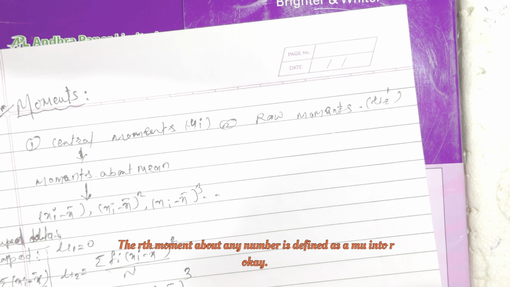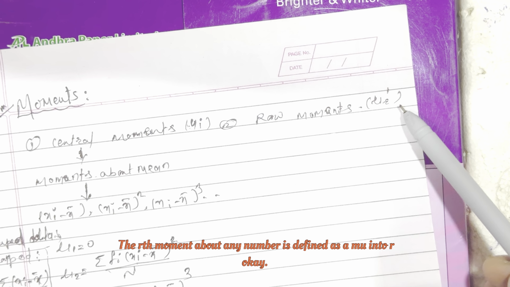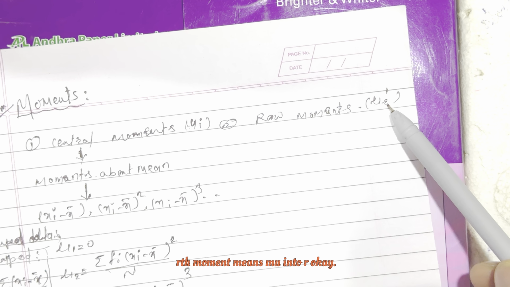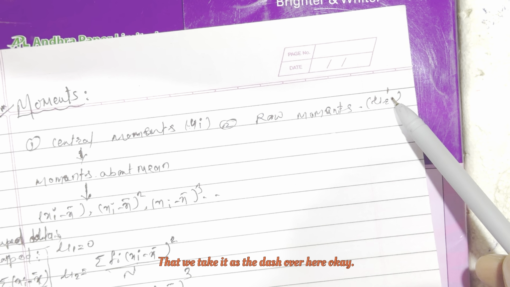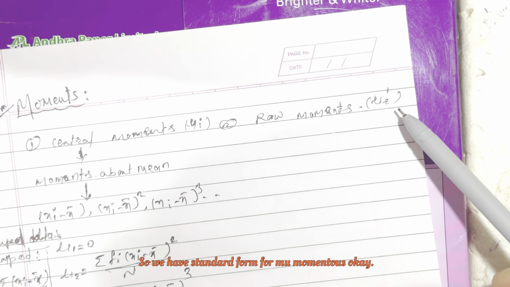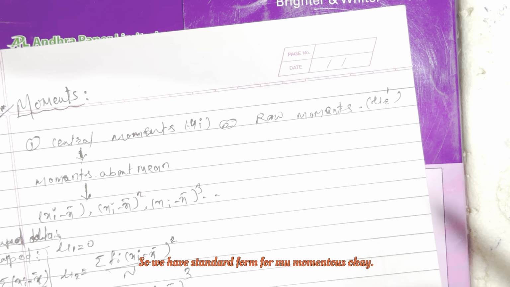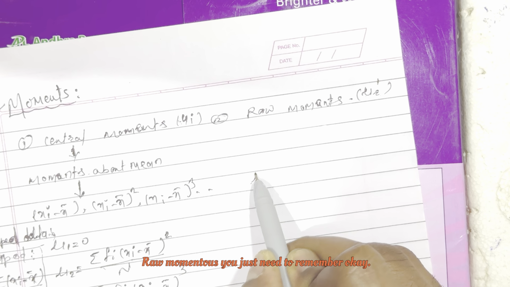The rth moment about any number is defined as mu r, which we write as mu r dash. So we have a standard form for raw moments that you just need to remember.